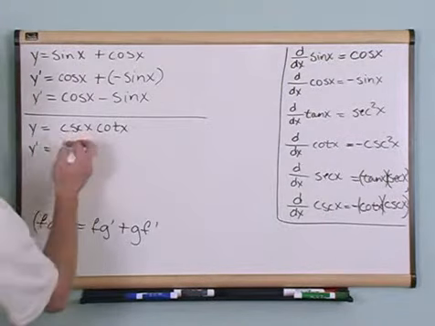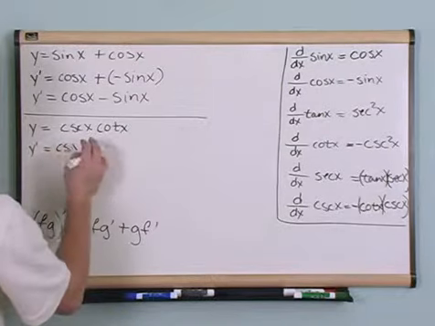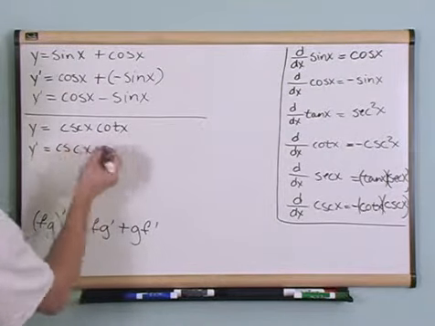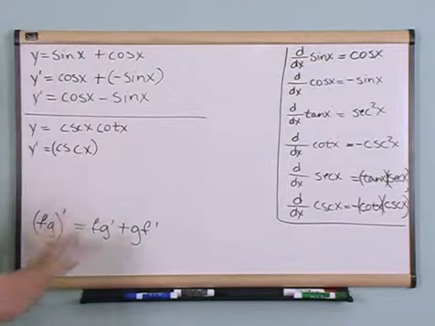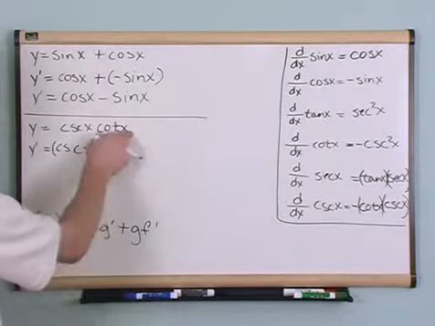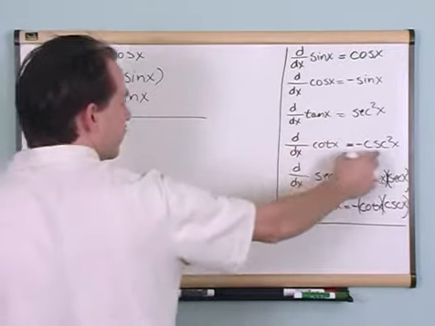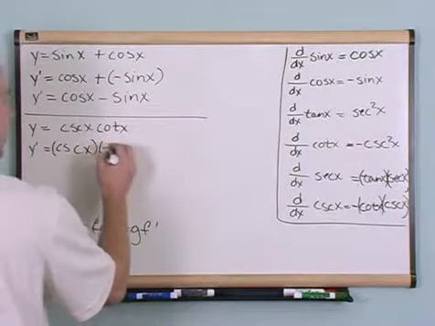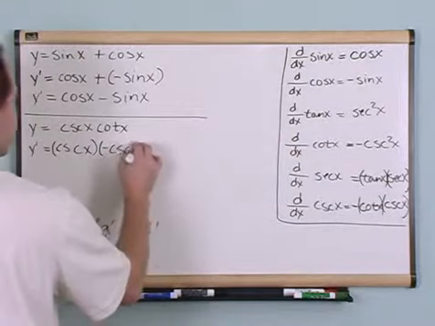The first thing is cosecant of x, so I just write it down again. No big deal. And I'm putting parentheses here to make sure I'm very clear what I'm doing. Times the derivative of the second. Derivative of cotangent I have written down right here as negative cosecant squared of x.